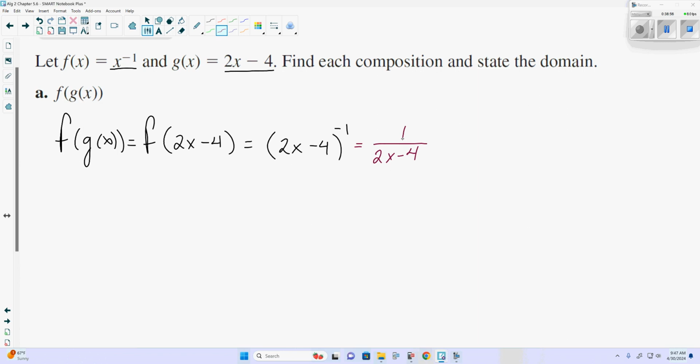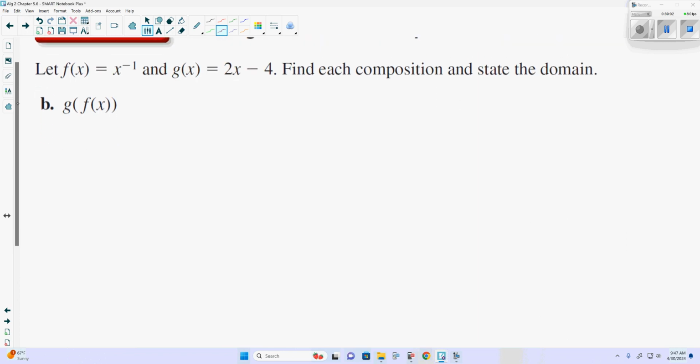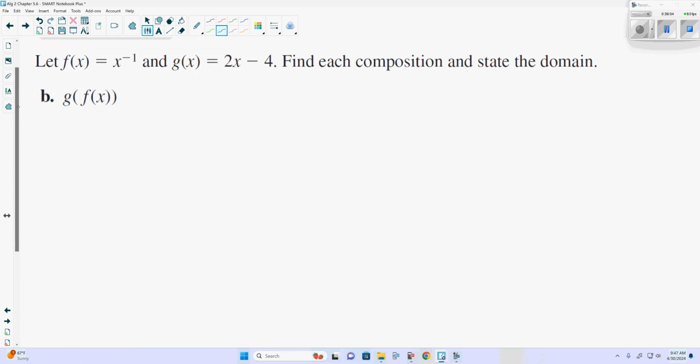We ready for g of f of x? G of f of x, find the composite. Again, working from the inside out, so the first thing we would take is our f of x, plugging in x into f of x. Well, f of x is x to the negative 1.